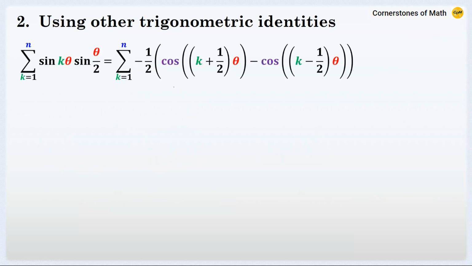So we have this summation instead, minus 1/2 here, cosine (k plus 1/2) theta here, cosine (k minus 1/2) theta here, which is also a telescoping sum.